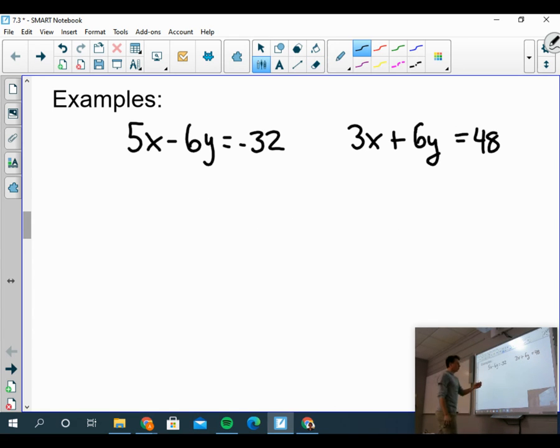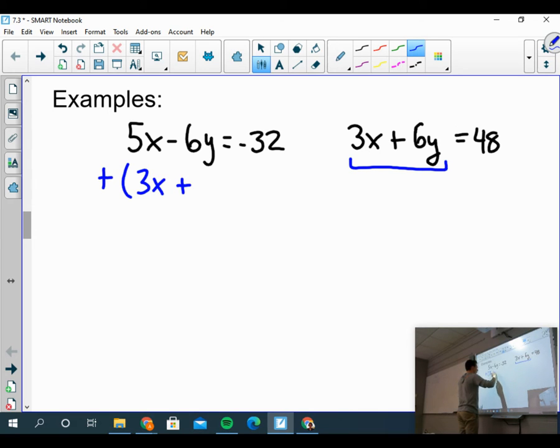When we stacked them, what we observed is if I take this 3x plus 6y and I add it to the left side, I'm going to end up with something nice. 5x minus 6y plus 3x plus 6y.